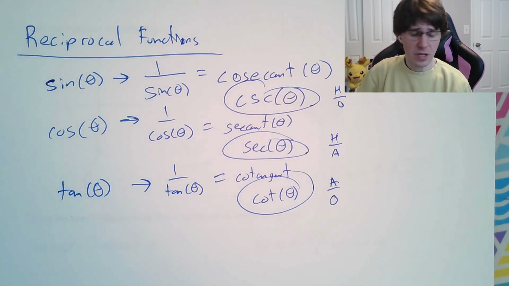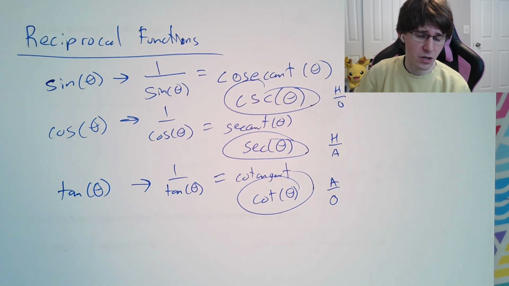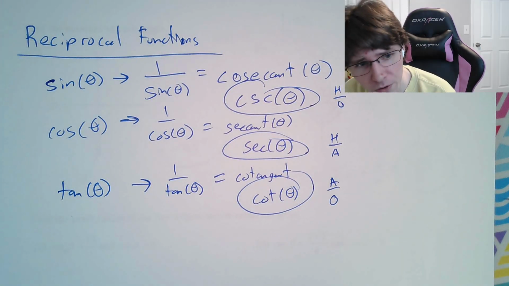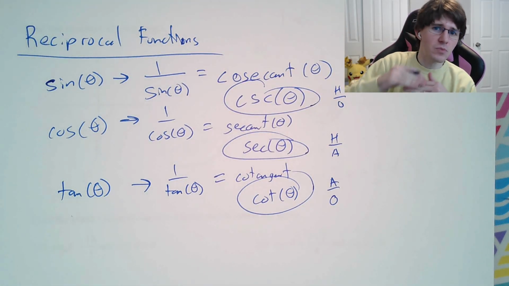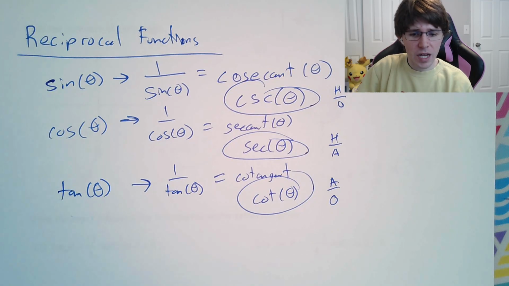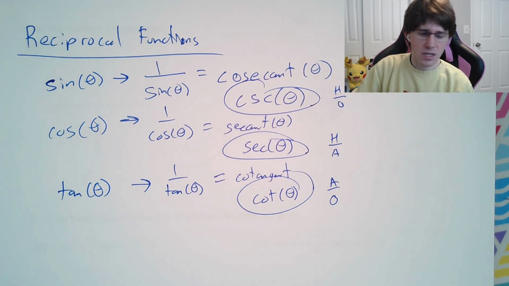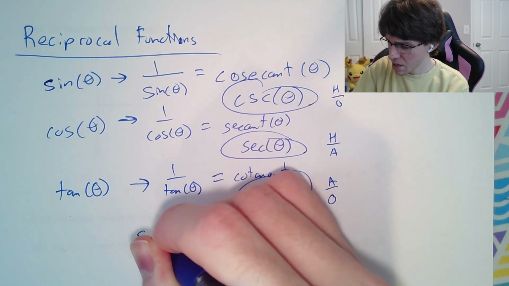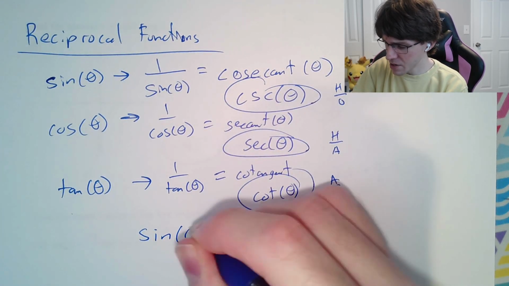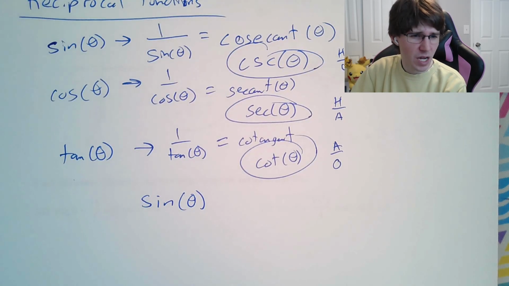The other thing that we're going to need for these problems that we haven't quite talked about yet are the signs of sine, cosine, and tangent. In order for us to do that correctly, we do need to understand a little bit more than what we were doing before. Whenever we have an angle, so for instance, the sine of some theta, we're used to using it as a triangle.